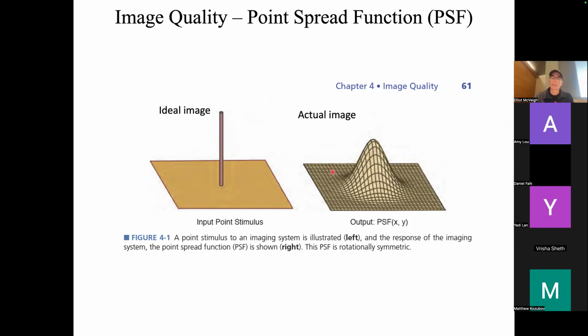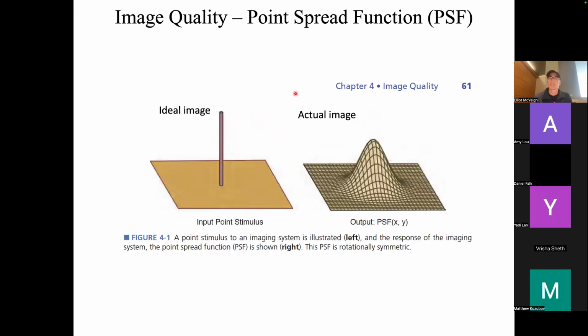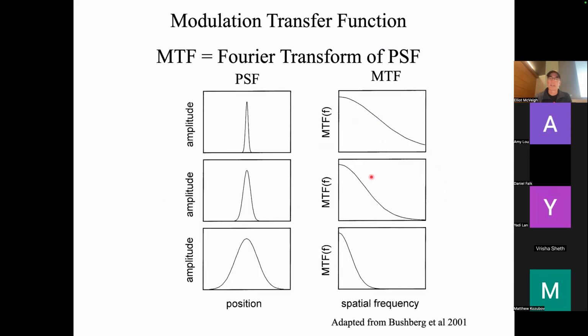And then what's the image that comes out? The image that comes out is not a spike at 1 pixel, where it shouldn't be. It's basically a Gaussian, a blurred thing. And the shape of that is given by these features. These are what determine that shape, as I set these things. So my detector size and my windowing function set what this thing looks like.